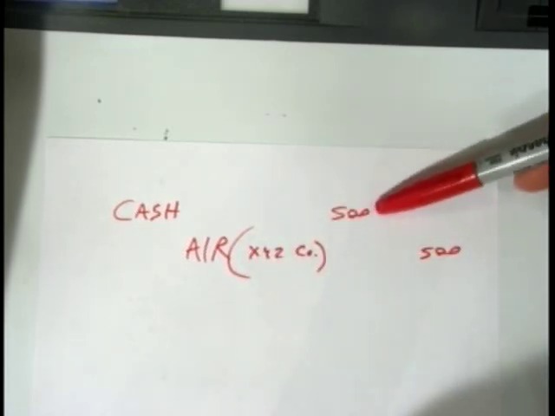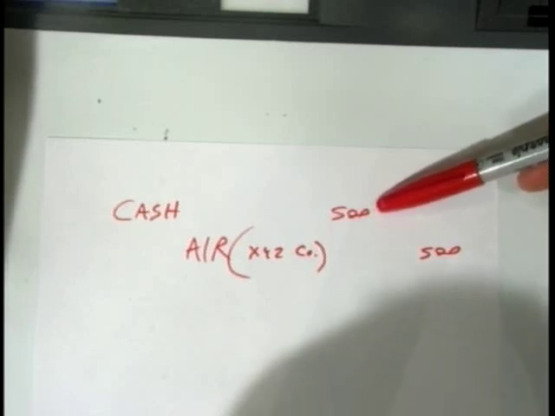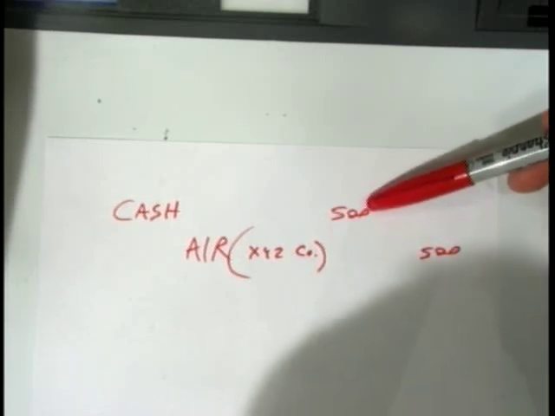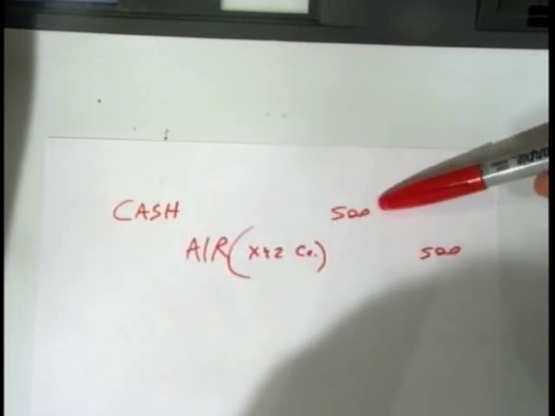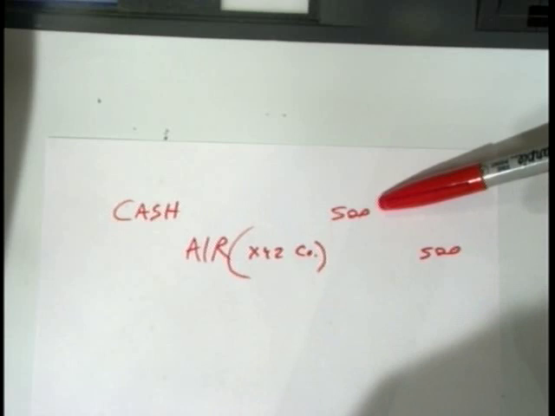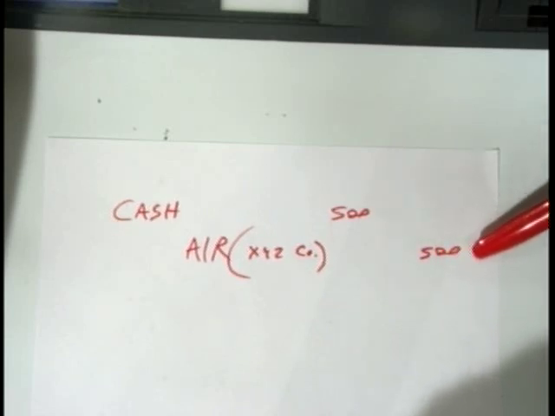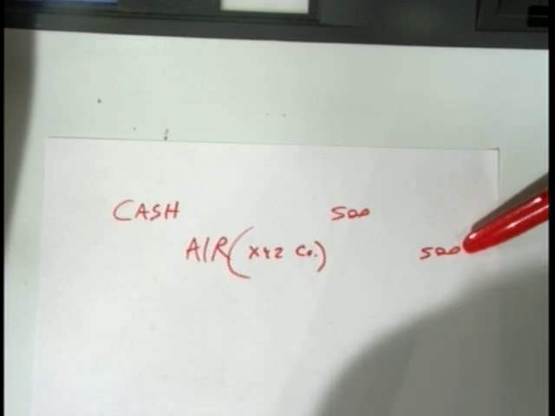Of course, we have to post this as a debit to cash in the T accounts. But then we have to go to the AR and post this both to the control account and to the subsidiary detail, right?